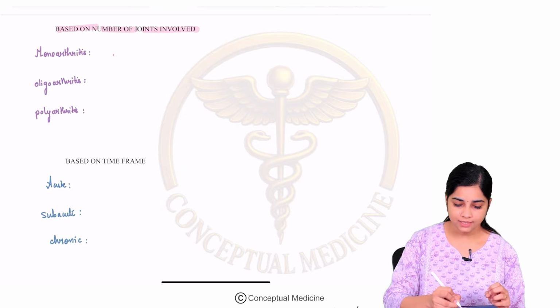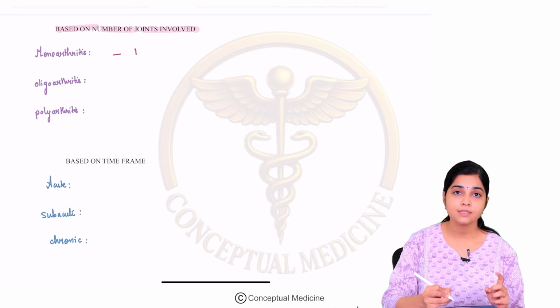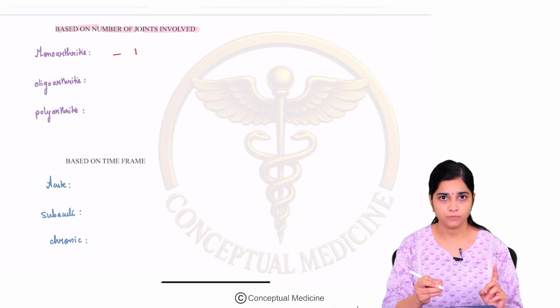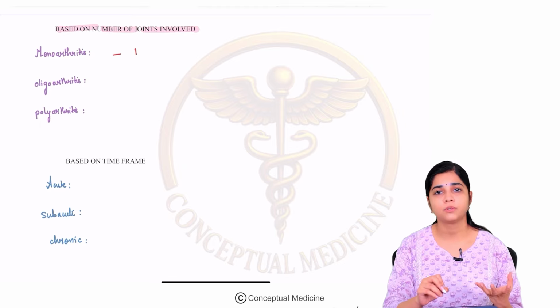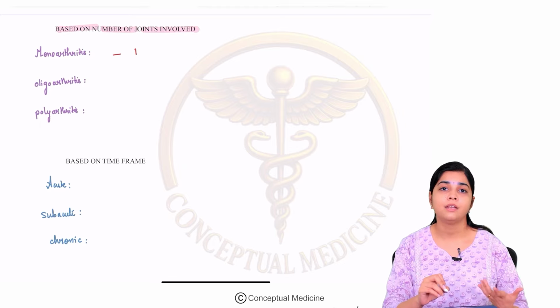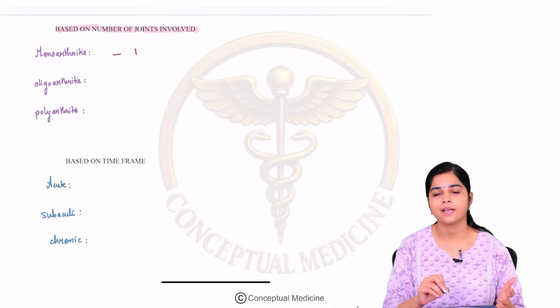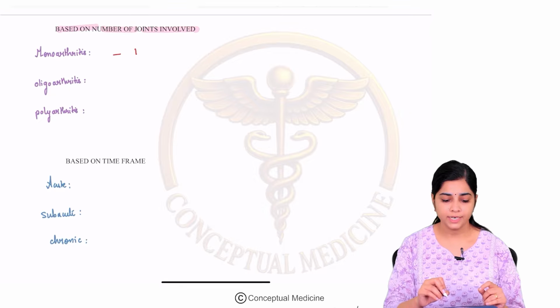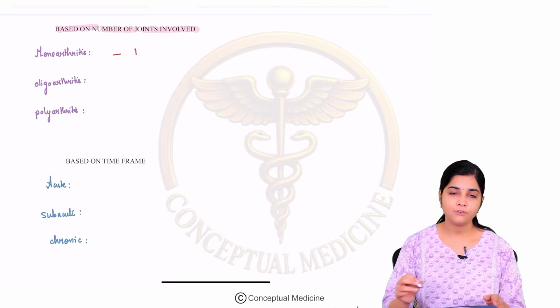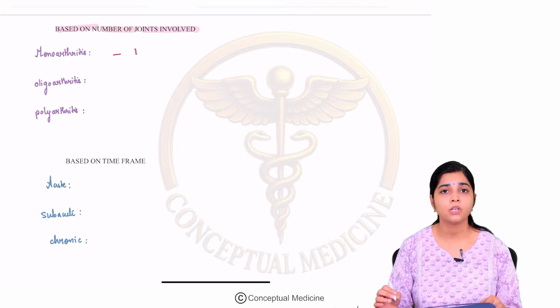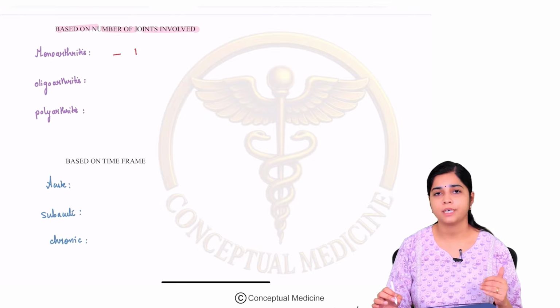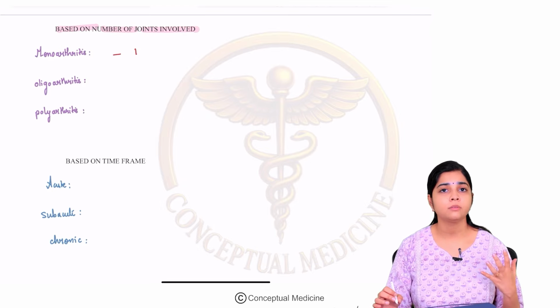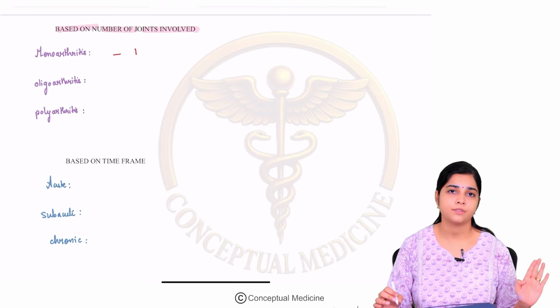So monoarthritis means that there is only one single joint that is involved. Most often this monoarthritis is seen in large joint involvement, like only the ankle joint is involved or only the knee joint is involved, right? So what are the examples of monoarthritis? Always remember that whenever you look at a monoarthritis, you may not be dealing with only an inflammatory disorder.